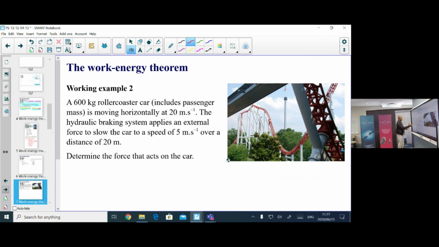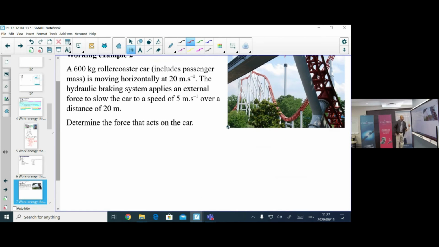All right, let us look at this example. A 600 kilogram roller coaster car, including passenger mass, is moving horizontally at the speed of 20 meters per second.